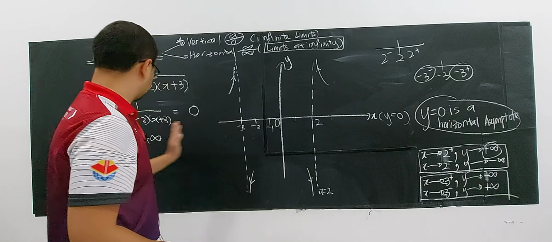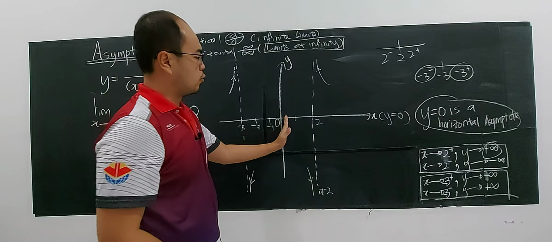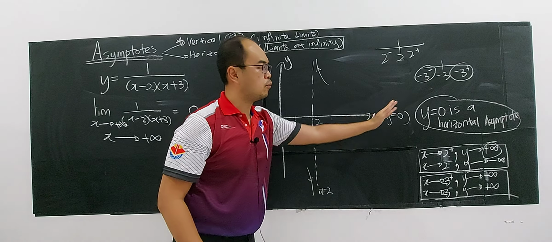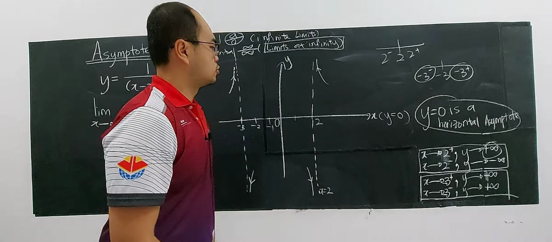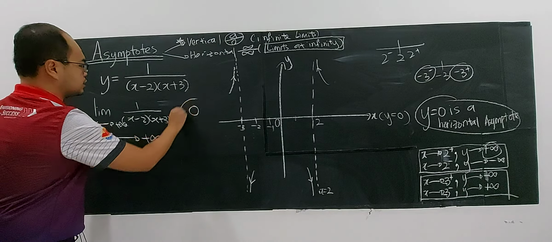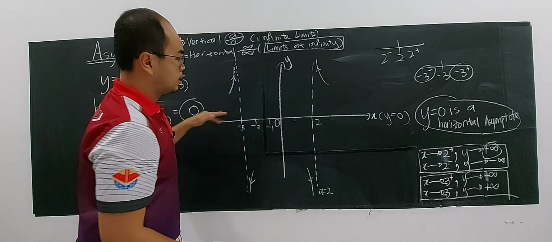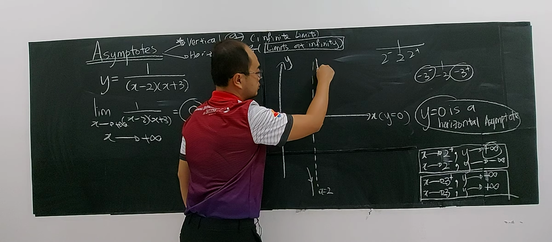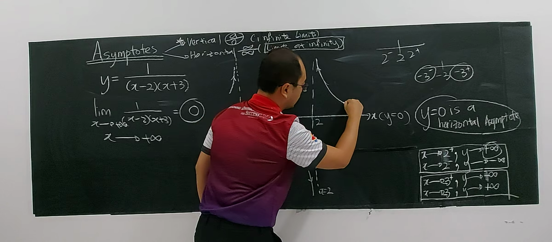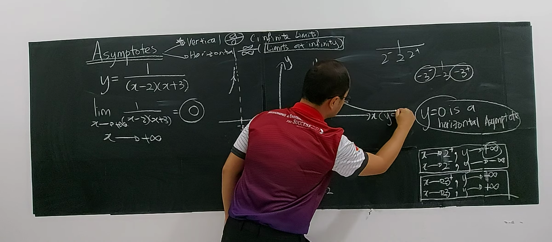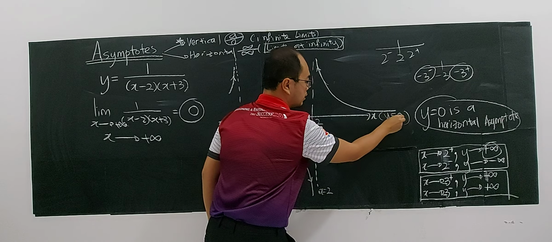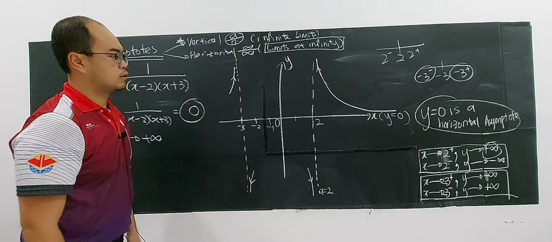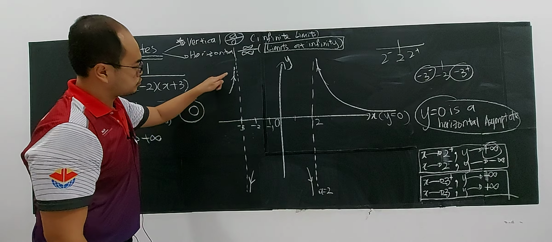As the x value, 1, 2, 3, 4, 5, 6, 7, 8, 9, 10, keeps on moving very far, the graph approaches 0, approaching the x-axis. When it's at positive infinity, it approaches y equals 0. That's the meaning.